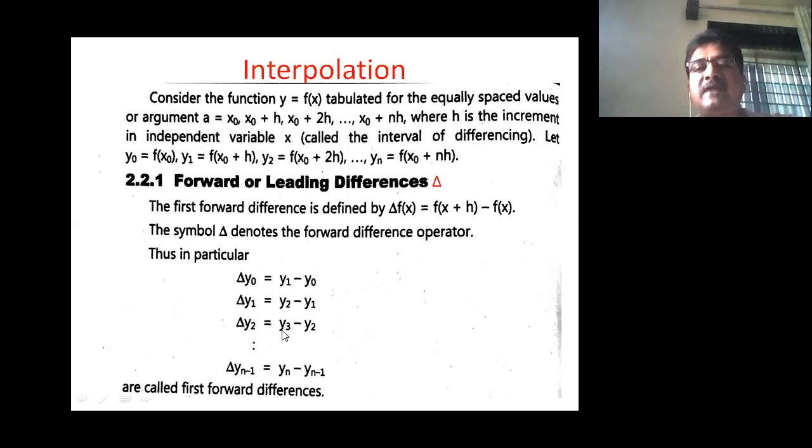It is y3, which means f of x naught plus 3h, the next point, minus f of x naught plus 2h. So in this fashion, delta of y n minus 1 is y n minus y n minus 1. These are the first forward differences, called the forward difference operator delta. This is the definition and meaning of the forward difference operator.